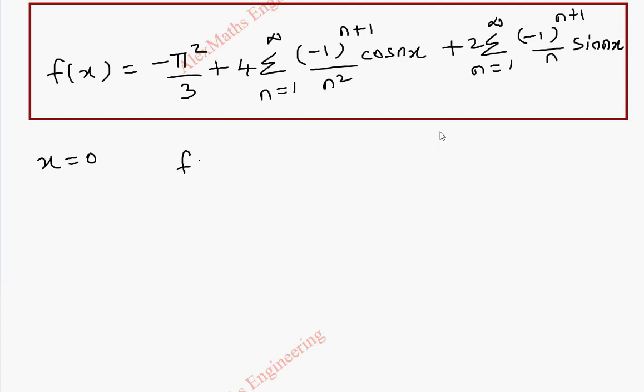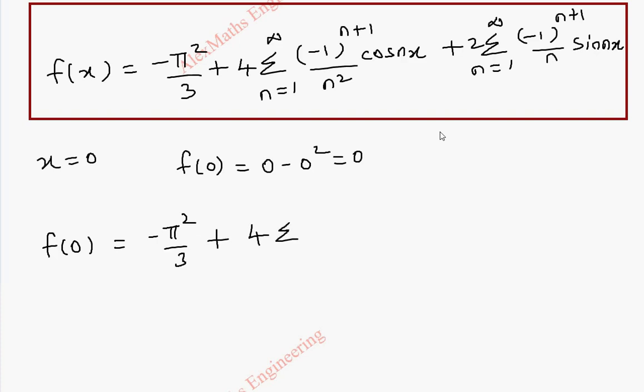So now f of 0 will be, f of x is x minus x square, so 0 minus 0 square, which is 0. So this becomes f of 0 equal to minus pi square by 3 plus 4 summation n is equal to 1 to infinity minus 1 whole power n plus 1 by n square. Cos 0 is 1 and sin 0 is 0. So we have only this much left.